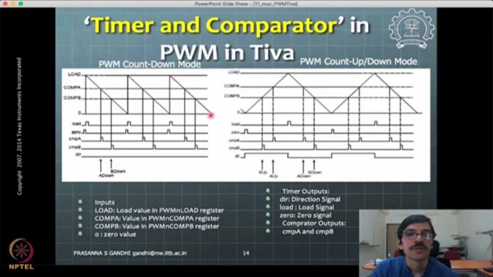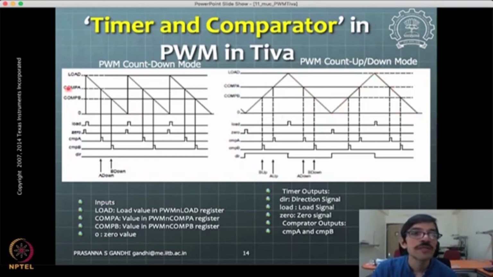Now the similar kind of thing happens when we go for count up and down, where you will have a count up first. You reach the load value, then you start counting down. So these signals are going to look like that.